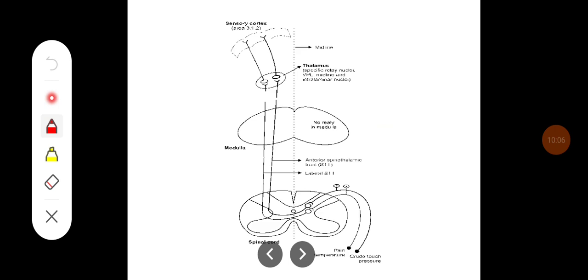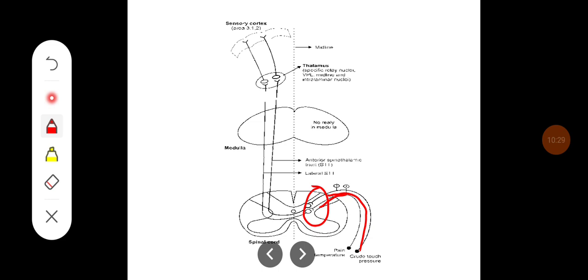So this is the diagram of the anterolateral spinothalamic tract. These are the first order neurons. They go to the dorsal root ganglion. From there, they relay in the lamina of the spinal cord. From there, the second order neuron arises.